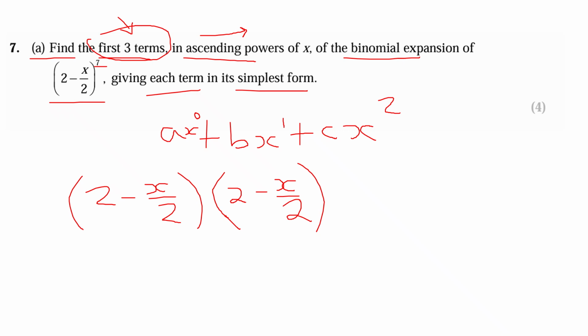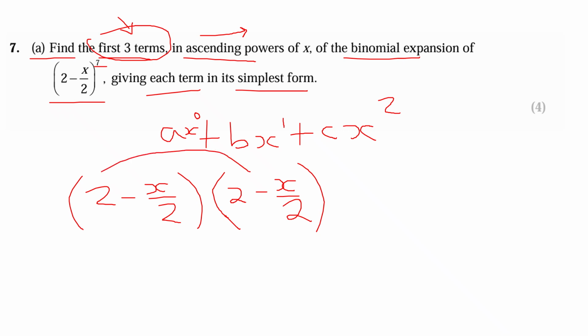It's going to be in the form of a quadratic, which is normally ax squared plus bx plus c. We're writing it another way because we're going up in power, not down. This is descending, whereas this is ascending. But the idea is that you have a quadratic expression, so all we do is expand this out.